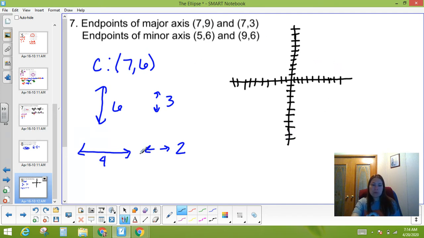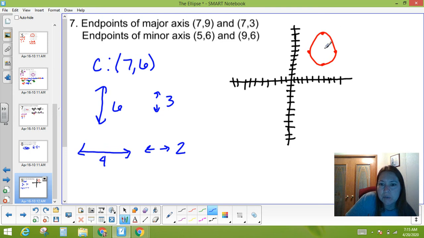Okay, so if I plot my points, I know that 7, 9, and 7, 3, and 5, 6, and 9, 6. So I have this oval, this ellipse that really does look like an egg.